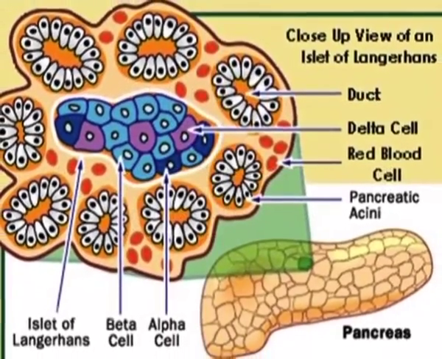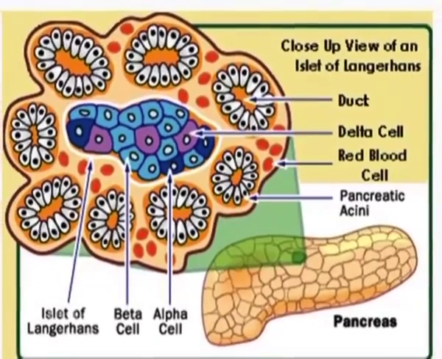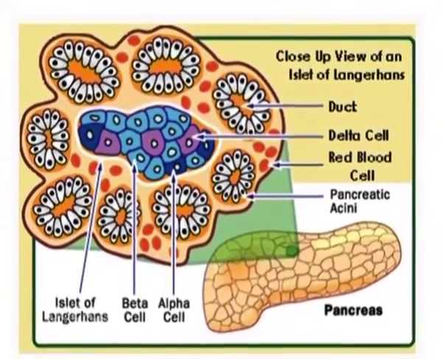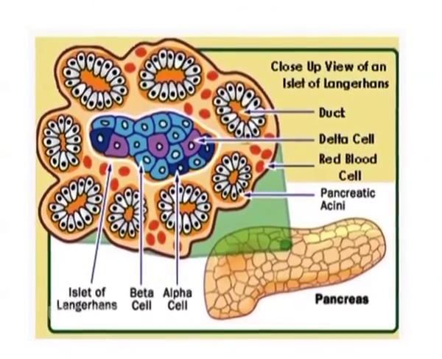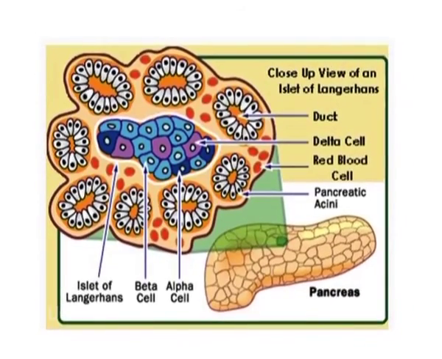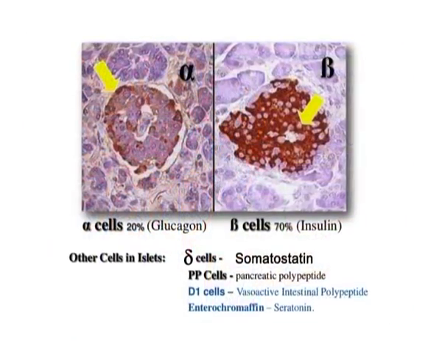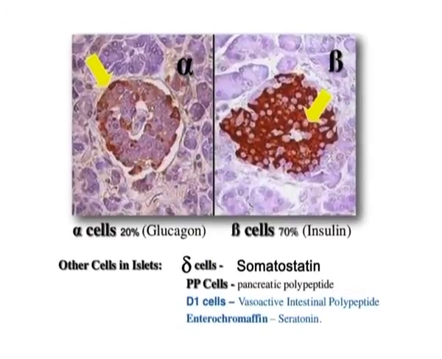Each islet of Langerhans consists of 3 types of cells which secrete hormones to be passed into the circulating blood. The alpha cells secrete the hormone glucagon, beta cells secrete the hormone insulin, and delta cells produce the hormones gastrin and somatostatin.